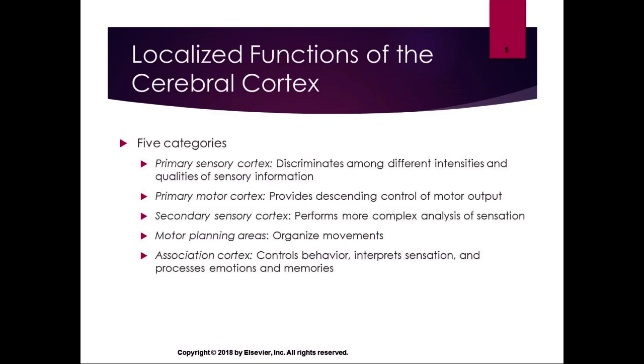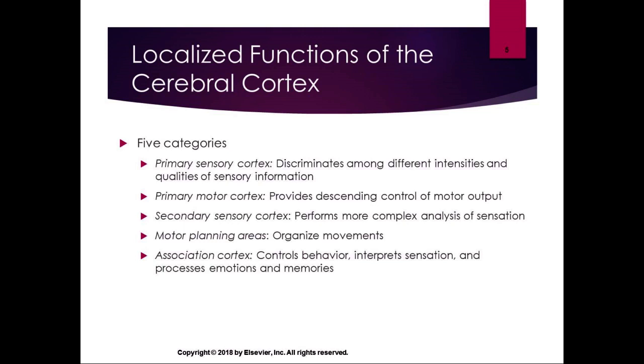So there are 5 categories of localized functions of the cerebral cortex. There's the primary sensory cortex, which discriminates among different intensities and qualities of sensory information. There's the primary motor cortex, which provides descending control of motor output.